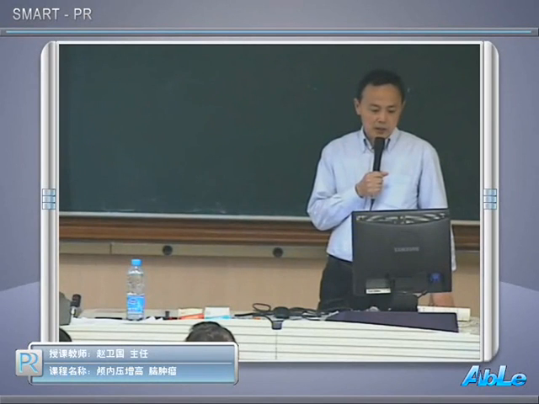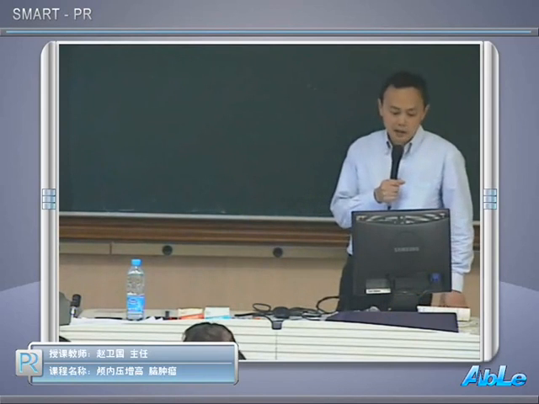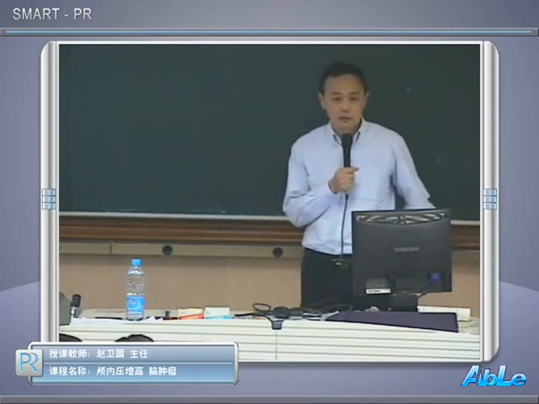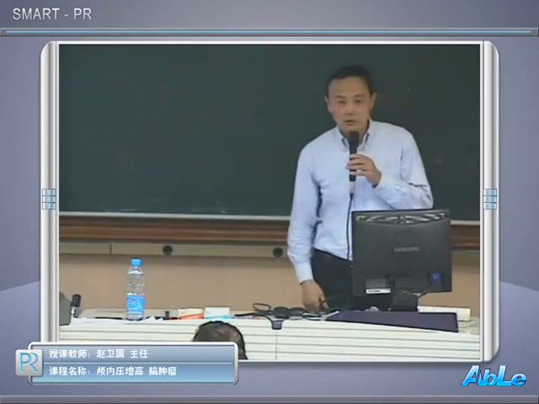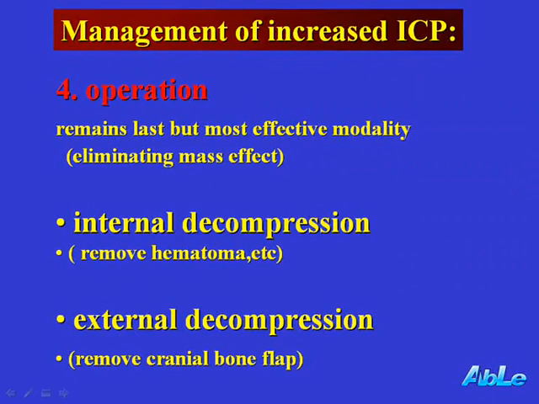Internal decompression and external decompression. Internal decompression, we remove the hematoma and traumatized tissue. External decompression, we simply remove the cranial bone flap. So in the ward, you may see some patients recovering from surgery who have a cranial bone defect.